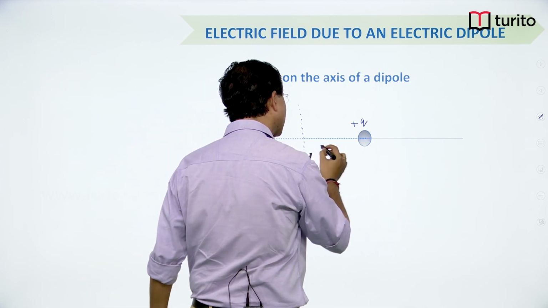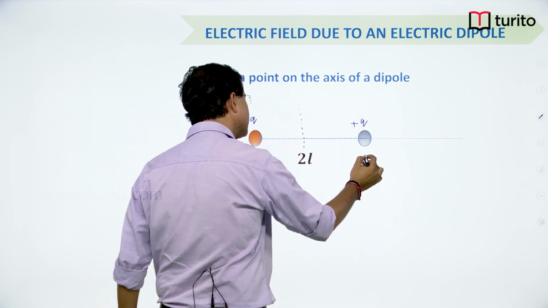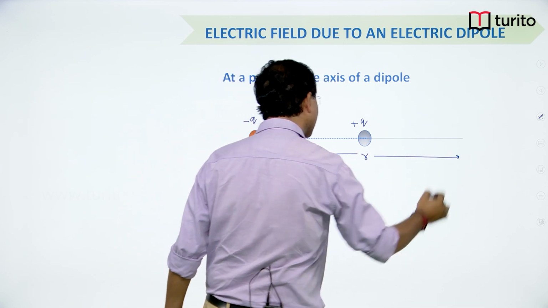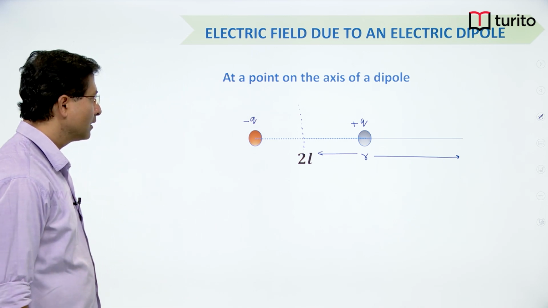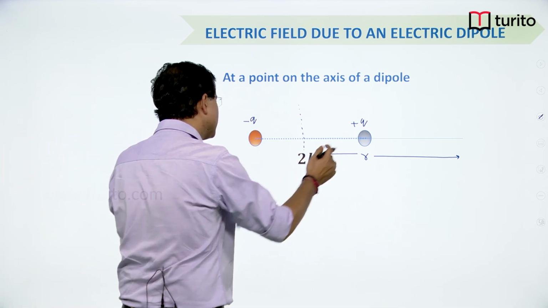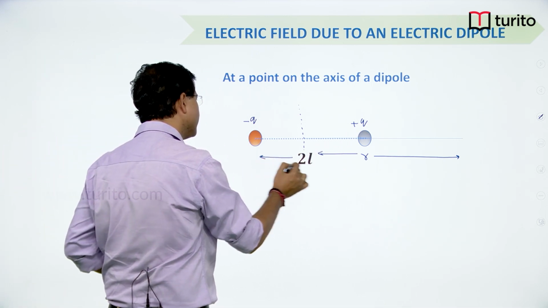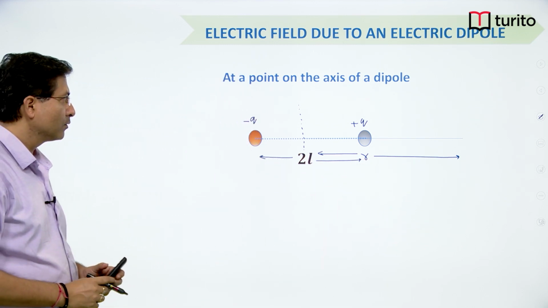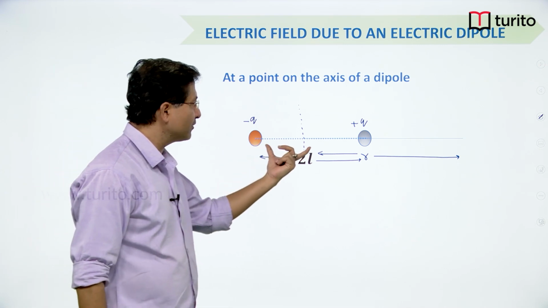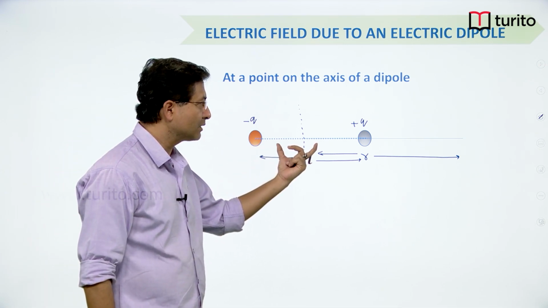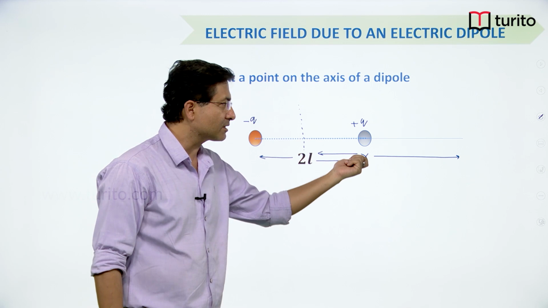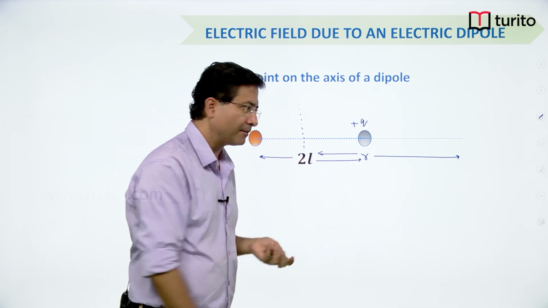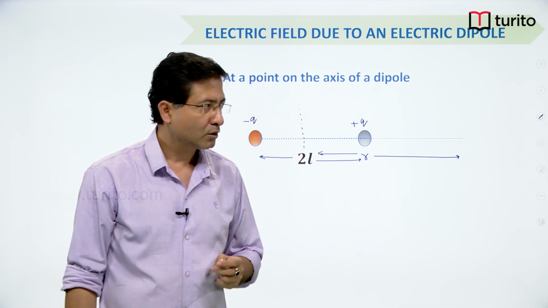So this distance from the center is r, and the gap between these two charges is 2L. Generally the gap between these two charges will be very small as compared to r, but just to make you understand I am drawing this big diagram, right.